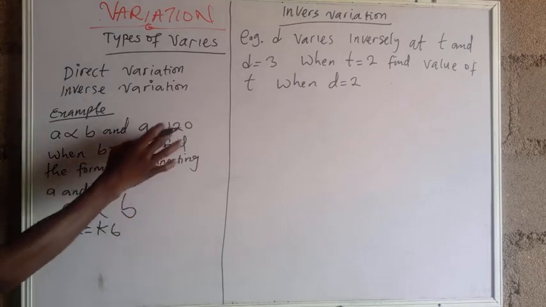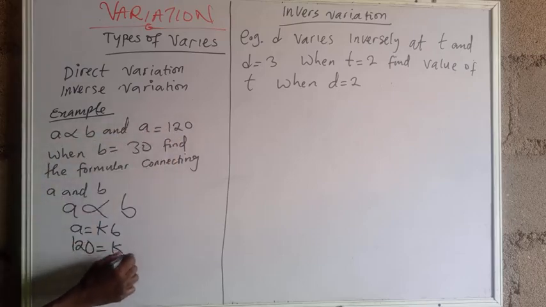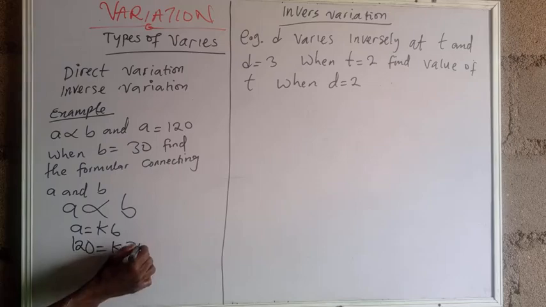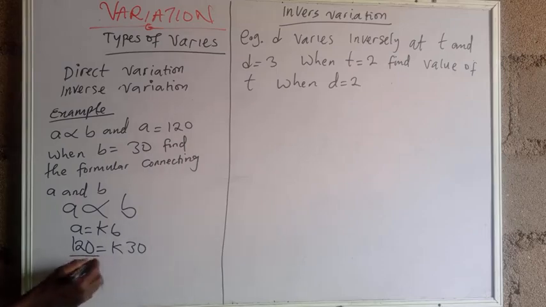Then we know the value of A here is 120, equals K, and the B given is 30. Now we are going to find the value of K by dividing both sides by the coefficient of K, which is 30.